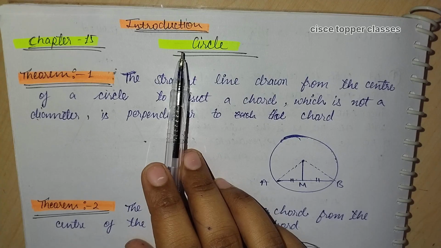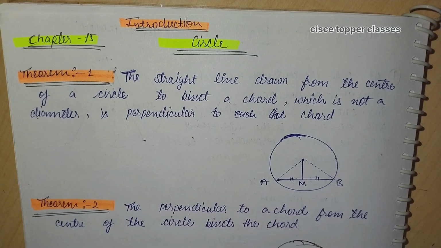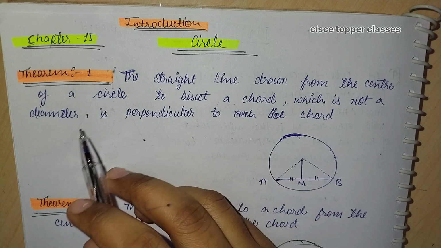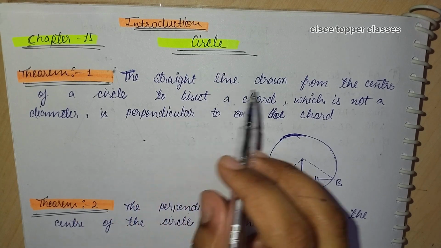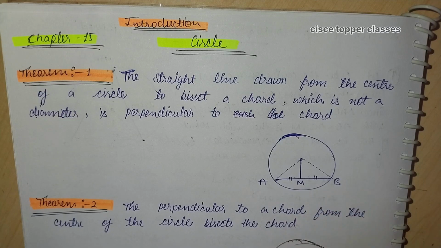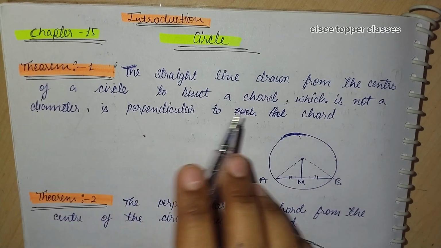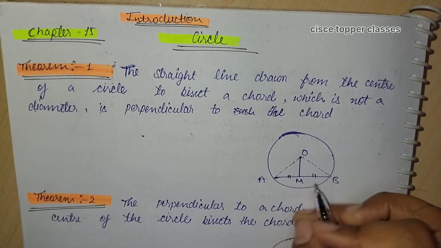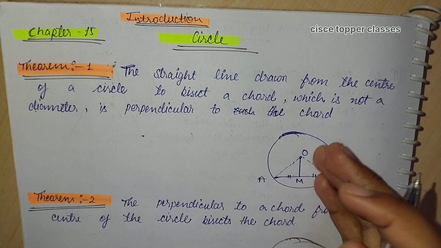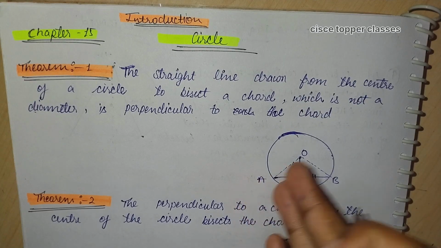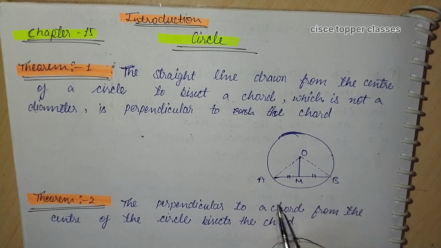To solve it, we will first take an introduction of the theorems which I am going to use frequently in this exercise. The first theorem is: the straight line drawn from the center of a circle to bisect a chord which is not a diameter is perpendicular to the chord. Means this line from the center O, if it bisects a chord which is not a diameter, then it is perpendicular to this chord AB.